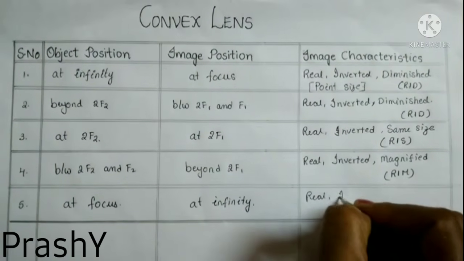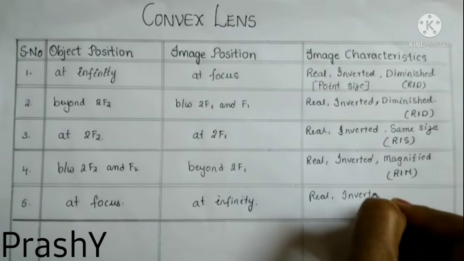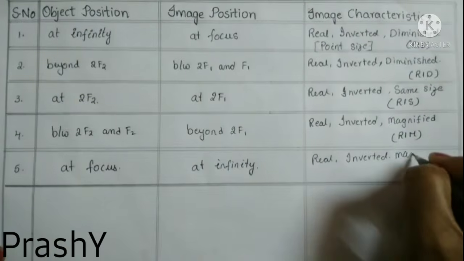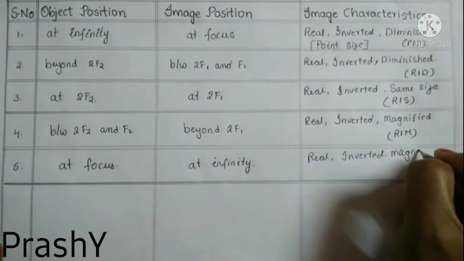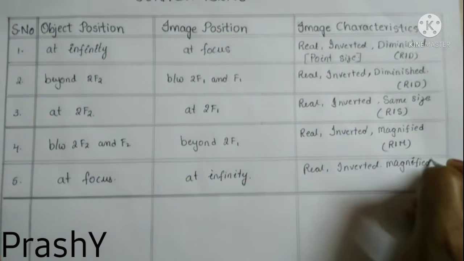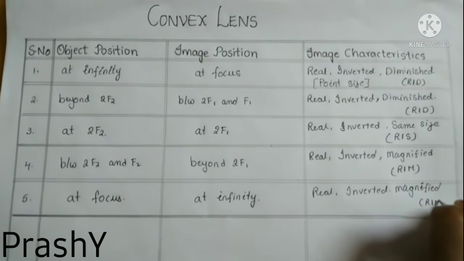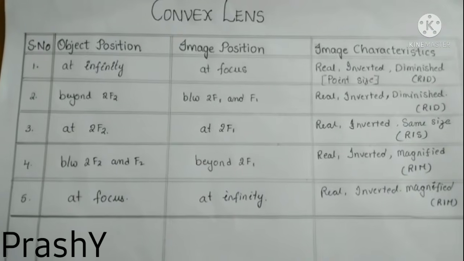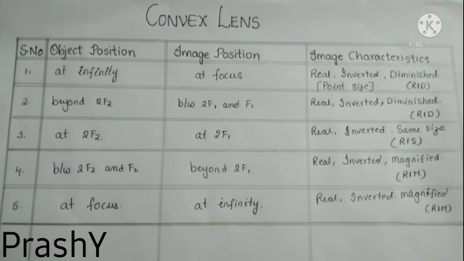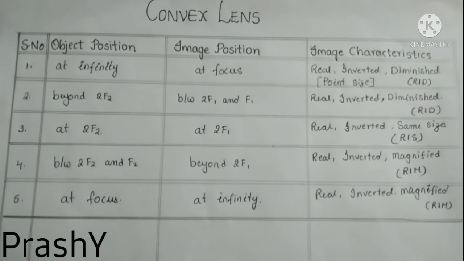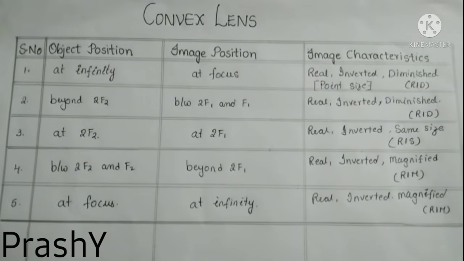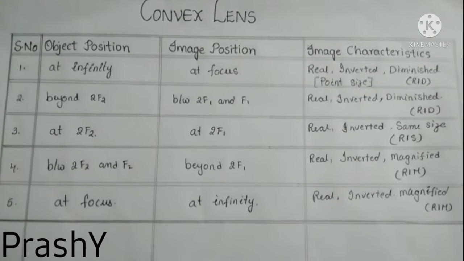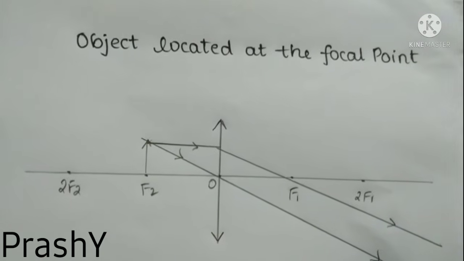Real, inverted and magnified. So in short we will write as RIM, but here because the image is forming at infinity, we will say that the size and the nature of the image cannot be discussed, since the image is formed at infinity. The object is placed at the focal point.